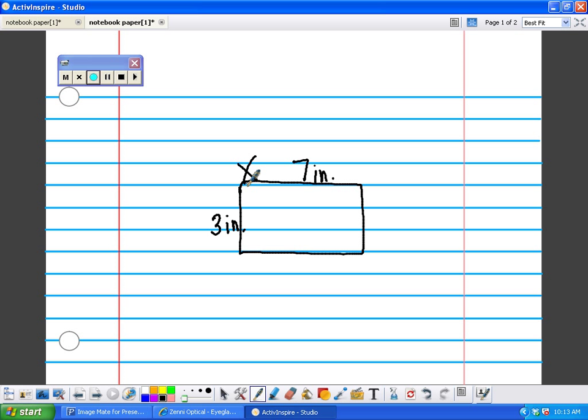What's the width? 7. What is 3 times 7? 21. Write it in the middle. What's our unit? Inches. What's in the middle? Make that a 2. Very good. 21 inches squared.